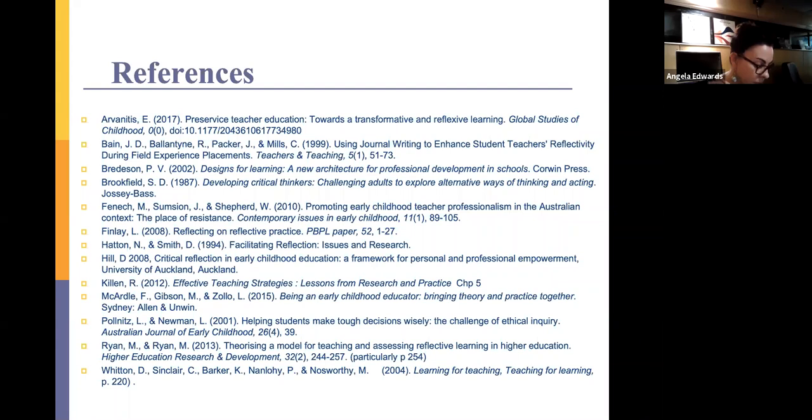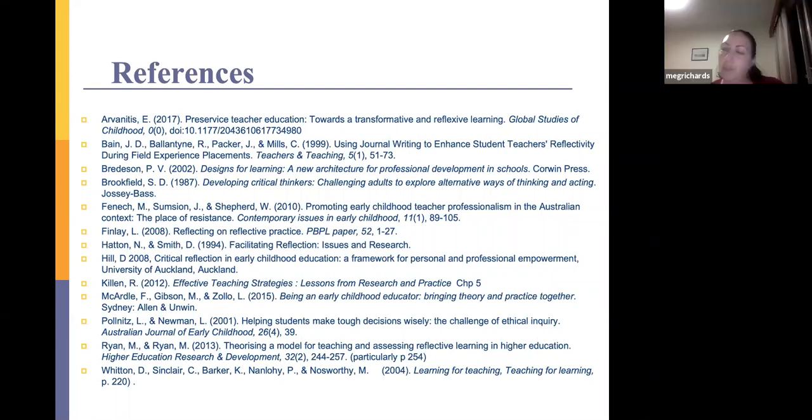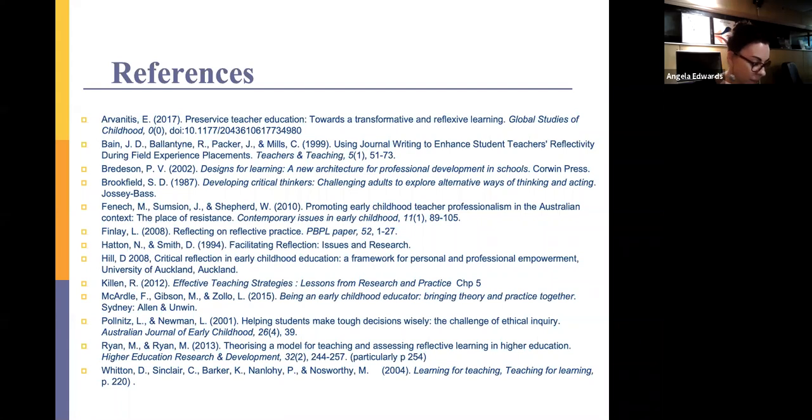Mm-hmm. Is it just for me, or could I do something about being collaborative and think of ways that I can introduce this to people to be able to work together? Bingo. Definitely. That's great. That's the kind of thinking I want. I want you to think collaboratively. I want you to think about what you have learned from that assessment task and bring it back to your environment.